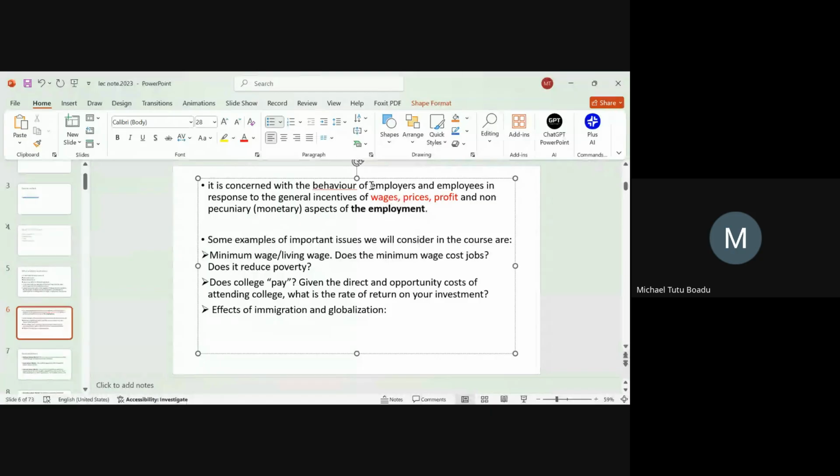Once wages rise, employment will be affected. If employers cannot pay the high wages being requested, then they have to cut down employment or cease to employ.